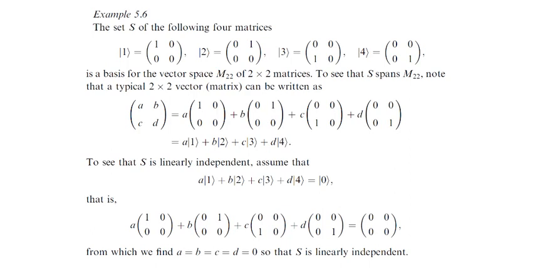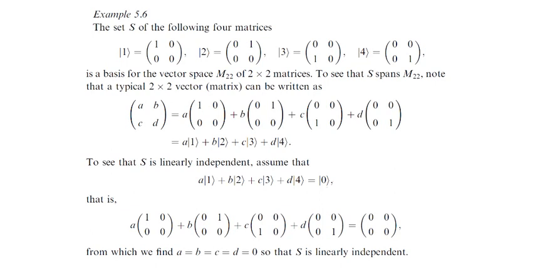Now you can just see whether they are linearly independent or dependent. You can see that A times this one plus B times this one plus C times this one plus D times this one. There is no A, B, C and D other than 0 which satisfies this equation.